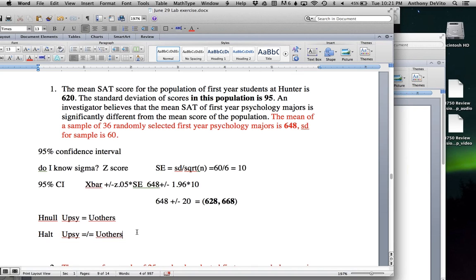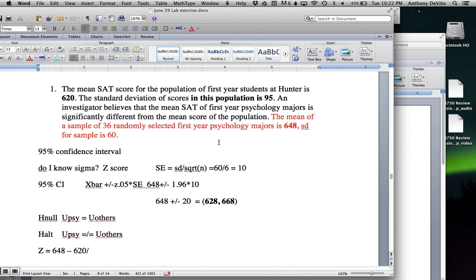Okay, so let's go ahead and give that a try for this particular example. So our z-score is going to be equal to, let's see, the mean for the sample is 648, x bar minus mu, mu is 620, divided by the standard error.